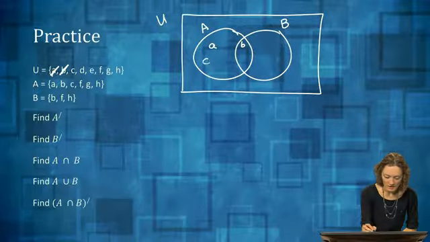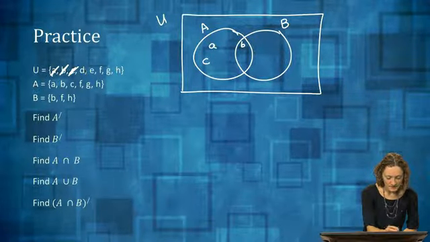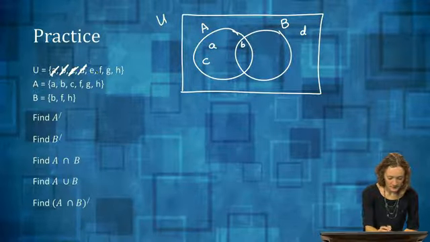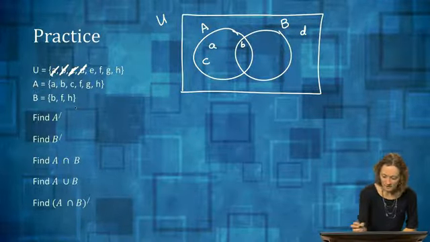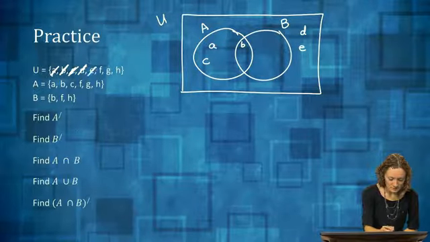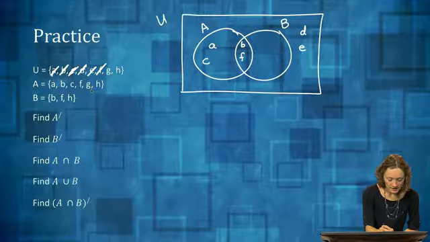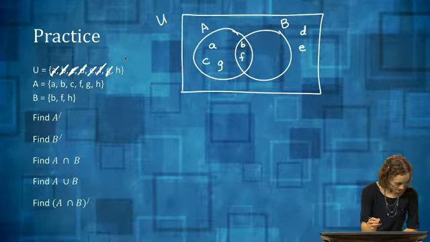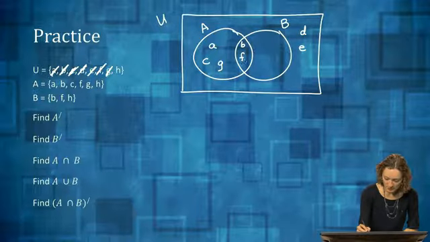C is in just A. D is in neither, so it'll go on the outside here. E, also in neither, on the outside. F is in both. G is in only A. And H is in both.